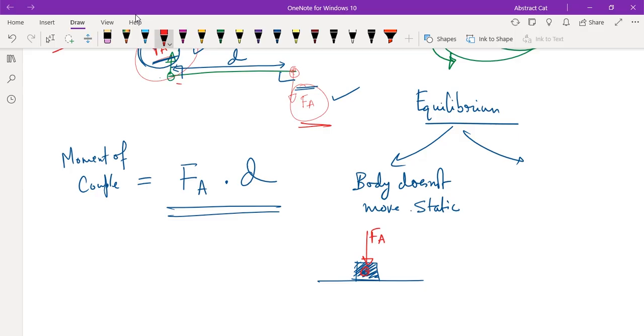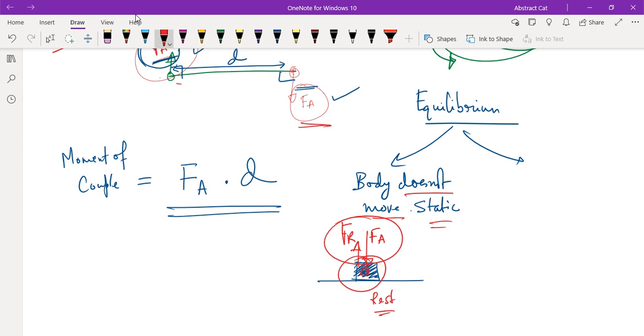From Newton's third law, there is also a reaction force here. These forces cancel each other, so the body is at rest. The body remains in a state of rest and does not move. This is called static equilibrium.